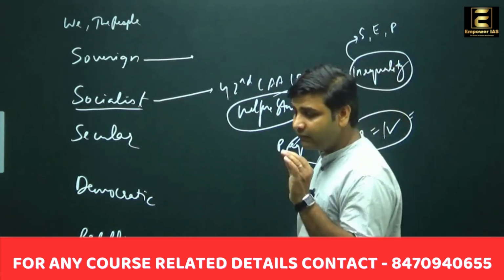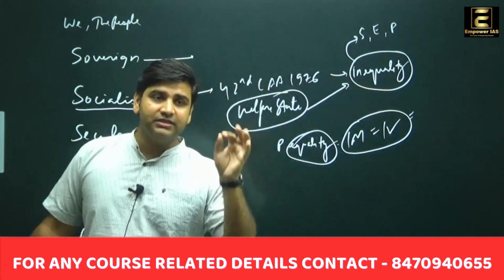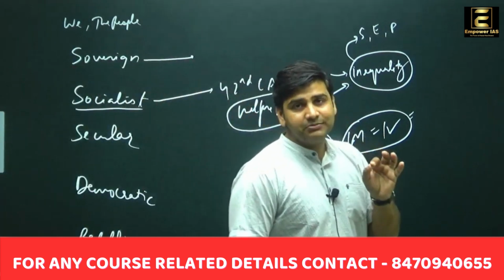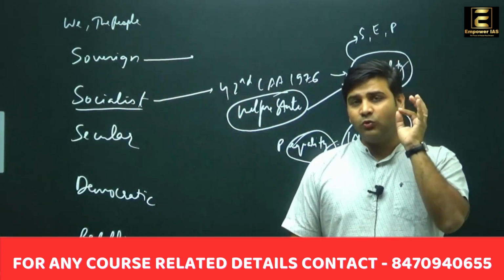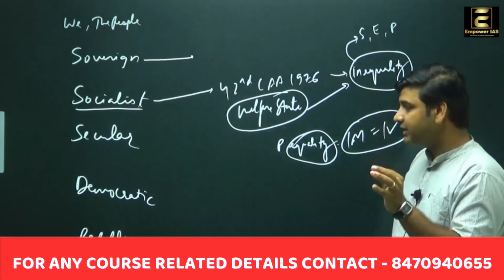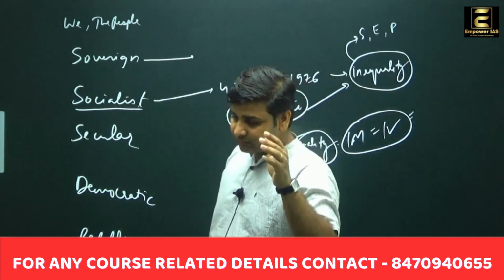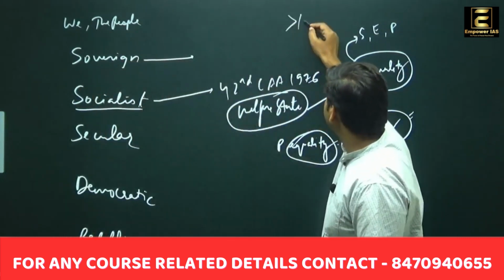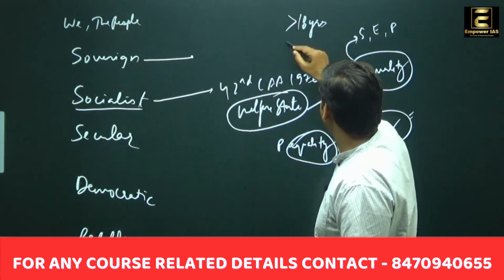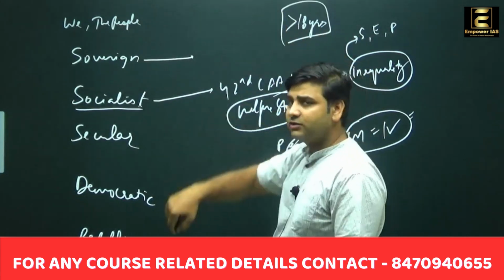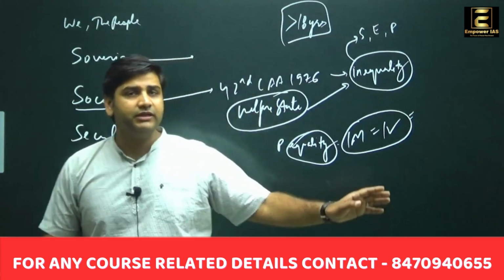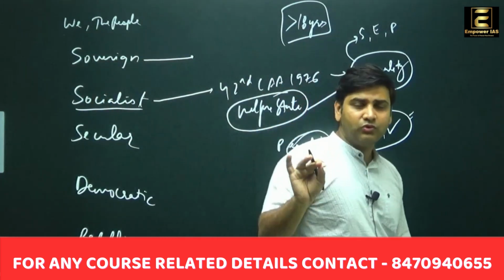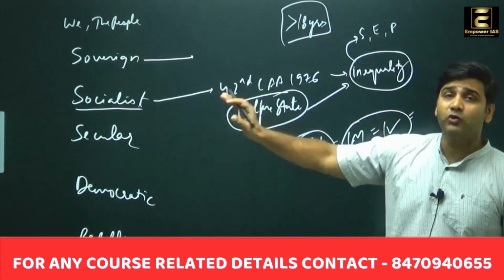Also, we have adult suffrage. That simply means there will be an electoral roll in which the names of all the eligible people will be included, not only those who are ready and willing, but who are eligible. What is the eligibility? Above 18 years and must be a citizen of India. Those who are citizens of India and above 18 years will be part of the electoral roll, and they are eligible to vote.